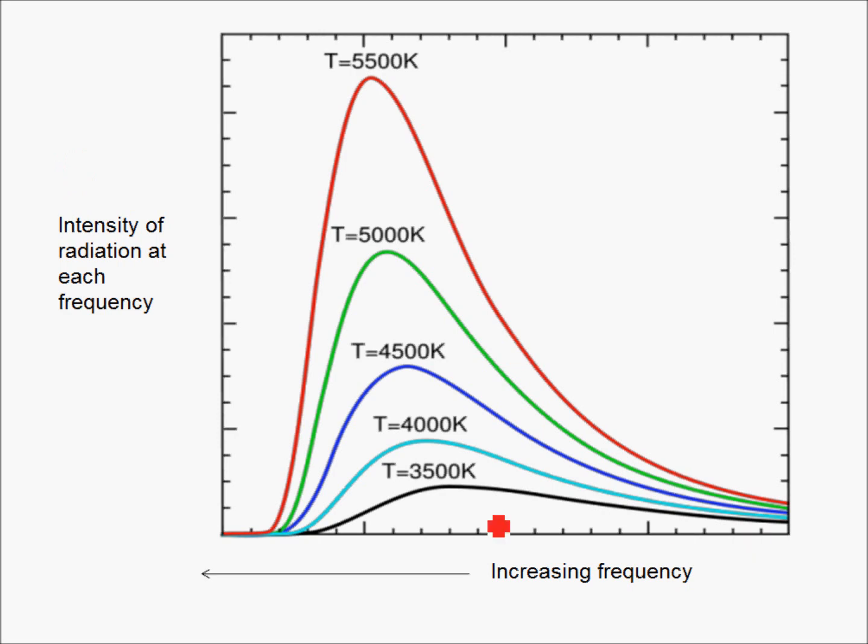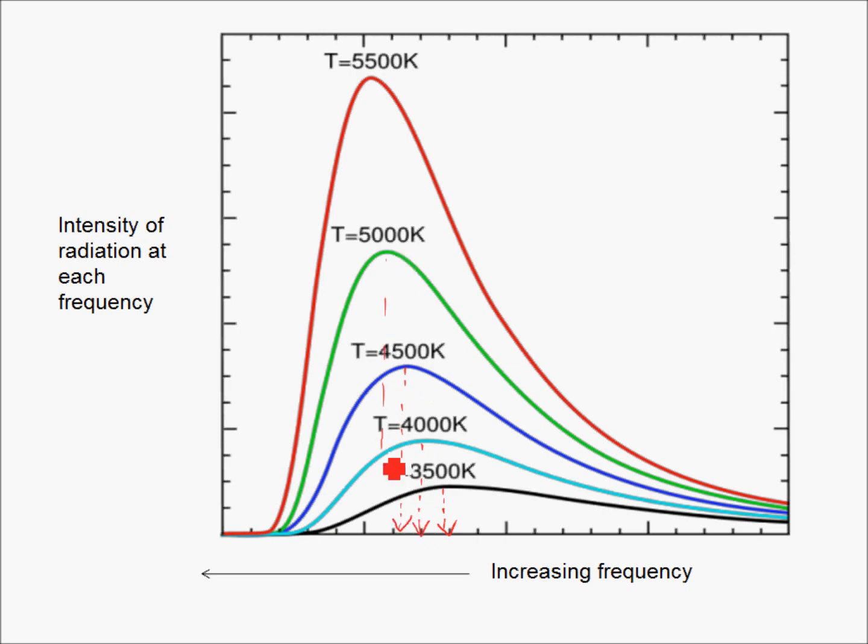So for low temperature stars, and this is a star of about 3,500 Kelvin, it's got a fairly low output across the entire range of frequencies, and here we'd find the peak frequency, the maximum frequency. For a hotter star, we get a higher frequency as the maximum. For yet a hotter star, the frequency is increasing.